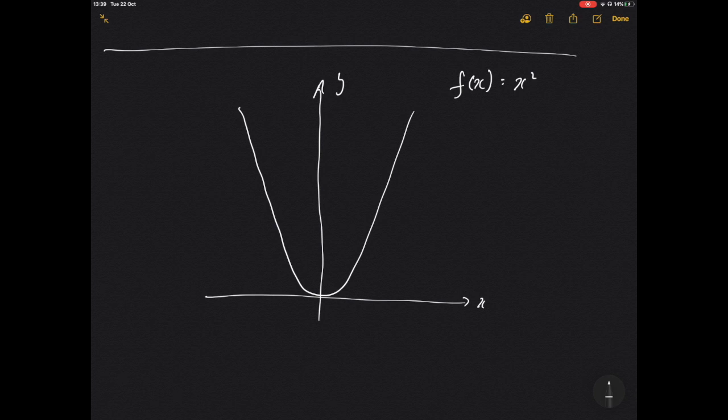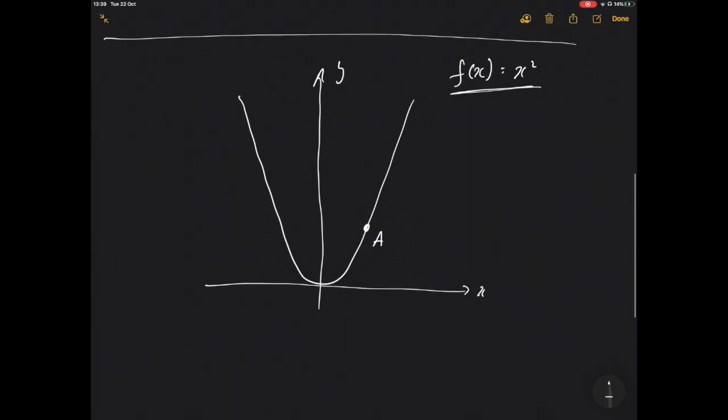If we take one of these contact points at this point here, A, we can describe the location of A by saying, if this is at point x, then its y location has to be x squared, and that's what this function showed us.